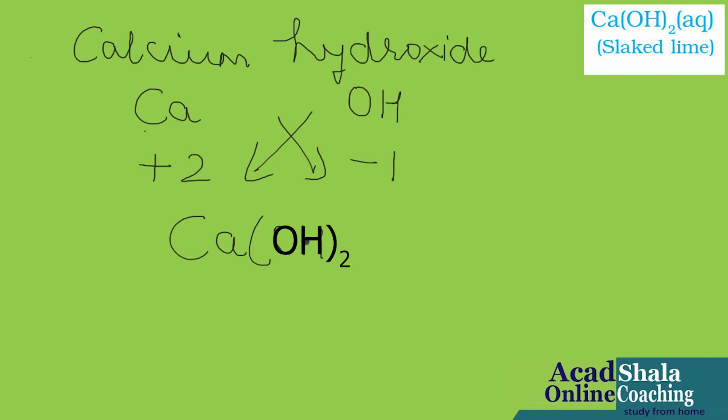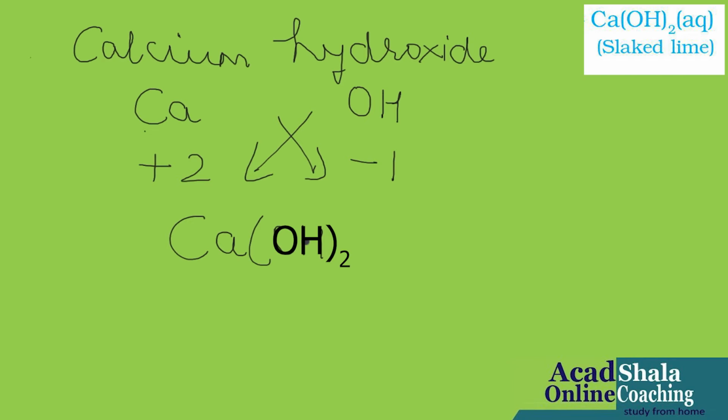This is the formula. And what is the common name for that? This is calcium hydroxide and the common name is slaked lime. We should know it. Common name of calcium hydroxide is slaked lime and common name of calcium oxide is quicklime.